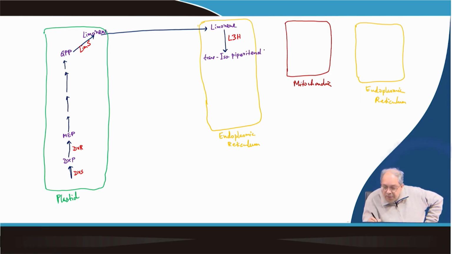So, the trans-isopiperitenol will now move into the mitochondria, and there it is converted into isopiperitenone.